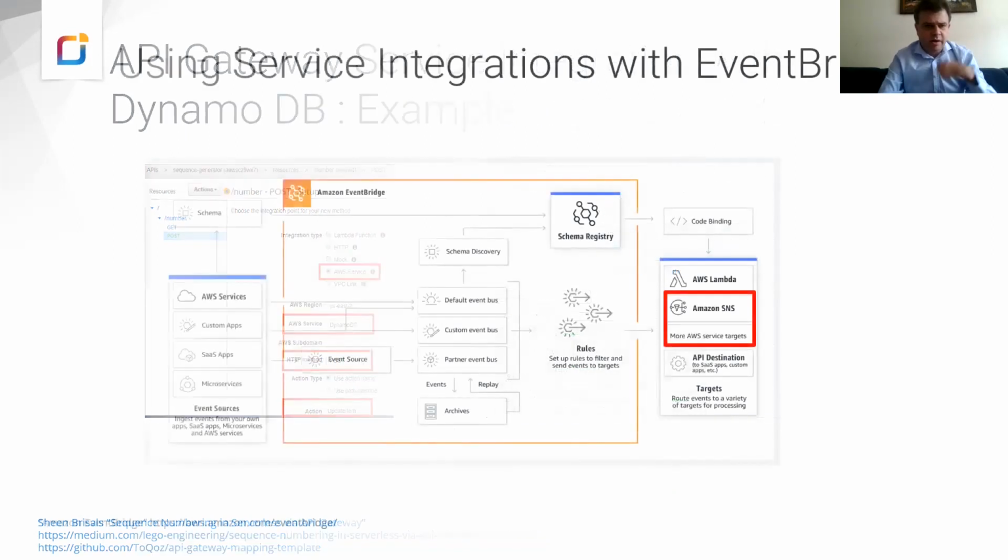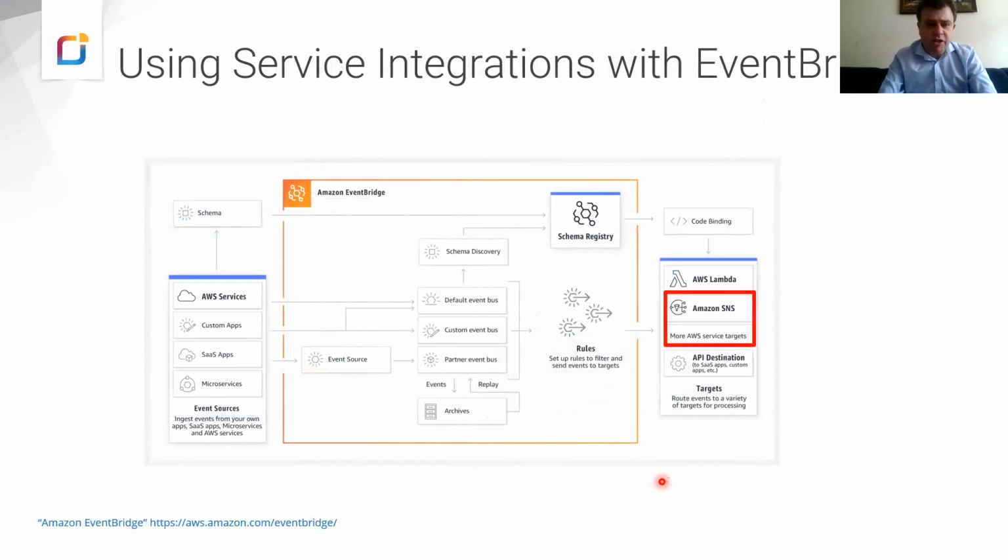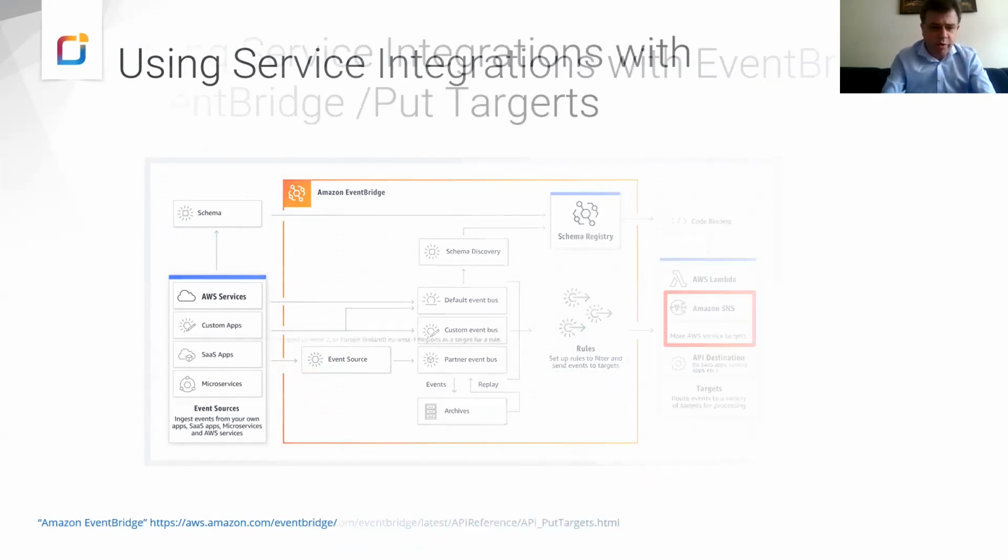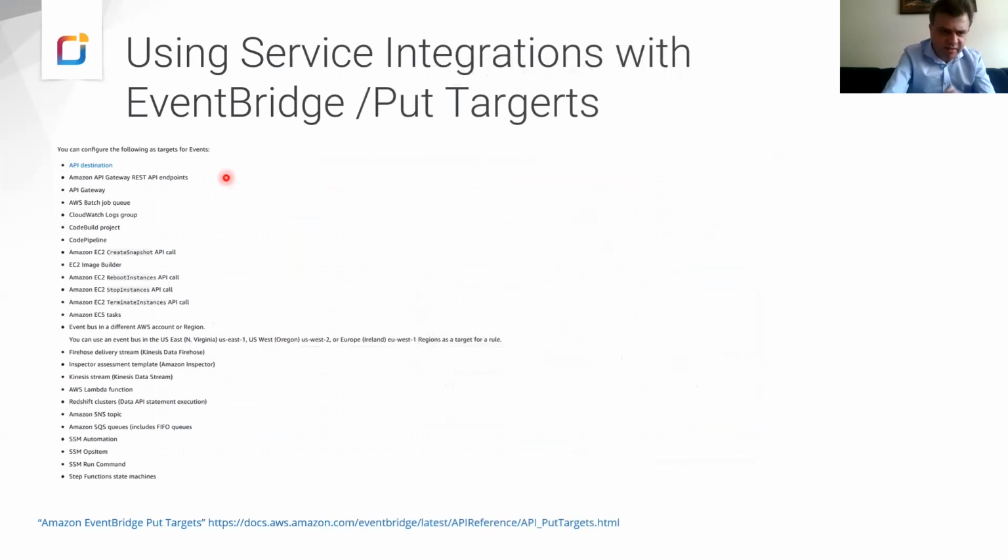Another example of service integration is with EventBridge, which is also a kind of event bus decoupling consumer and producer, and it also allows you to do a lot of integrations. You can do integrations with AWS services, the whole list.